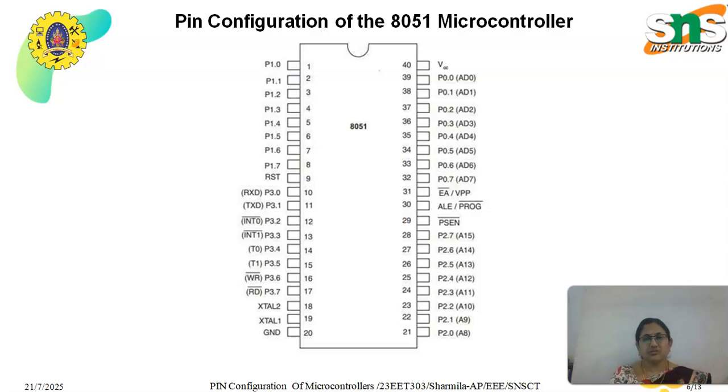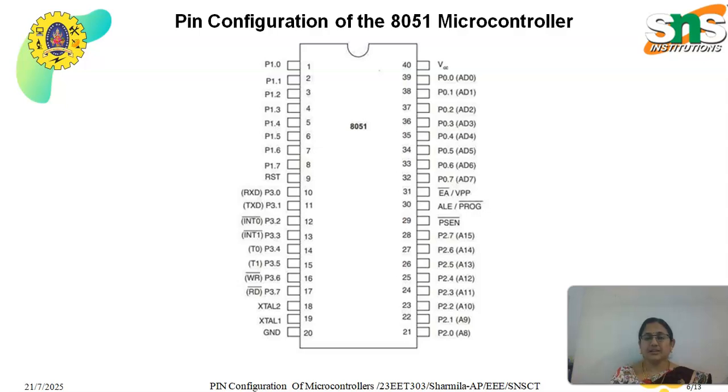And coming to the pin configuration of the 8051 microcontroller, it is a 40-pin IC. It is a dual inline package, because the two sides are equally shared by equal numbers of pins, and most of the pins are port pins, that is 4 ports, each port having 8 pins.